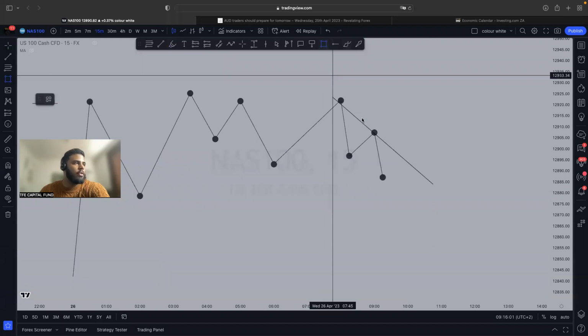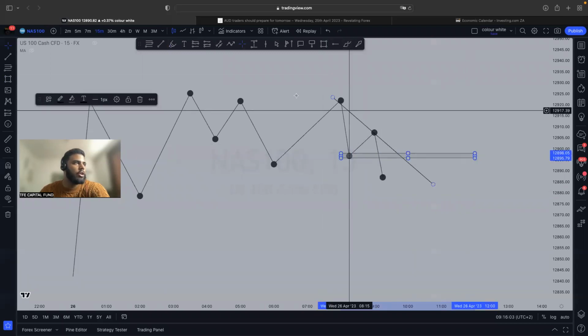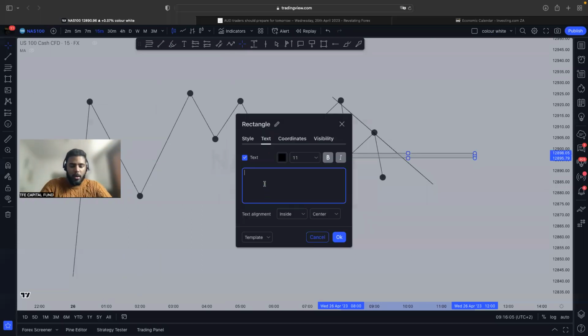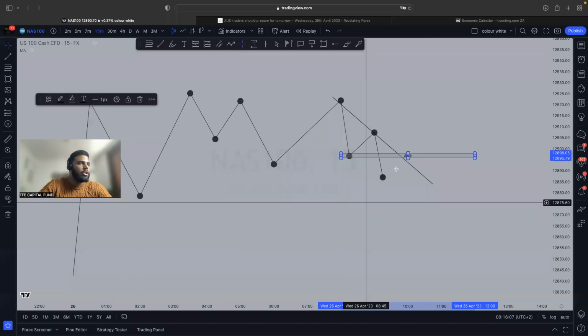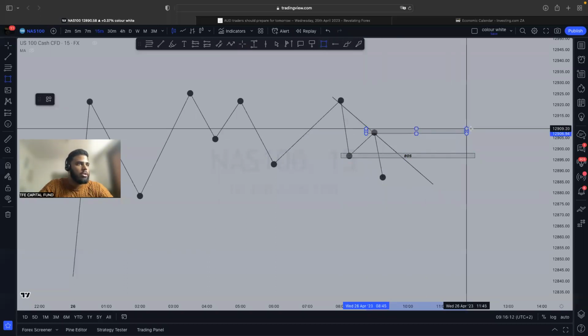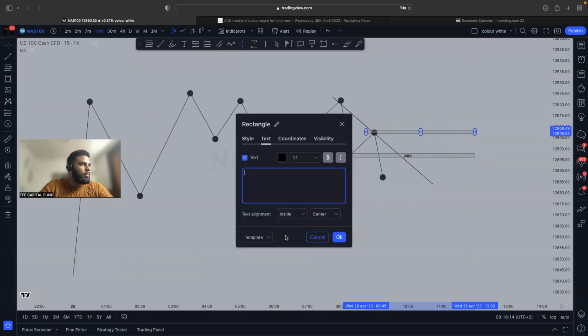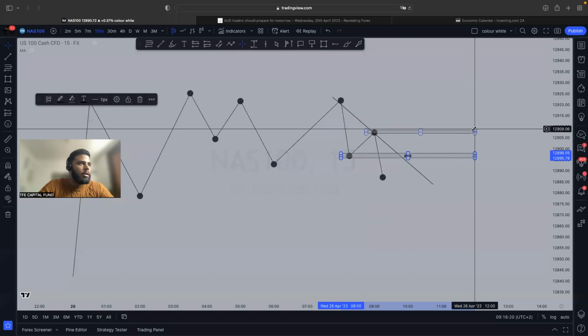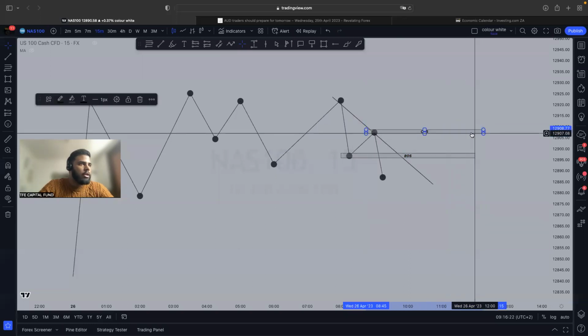Focus traders, when you guys focus, here we had a break of structure. So we can put that out there for you guys, BOS, break of structure, and here we had a change of structure, right? Here's a change of structure. This one is a change of structure, right? Change of structure right over there. We had a clear change of structure.